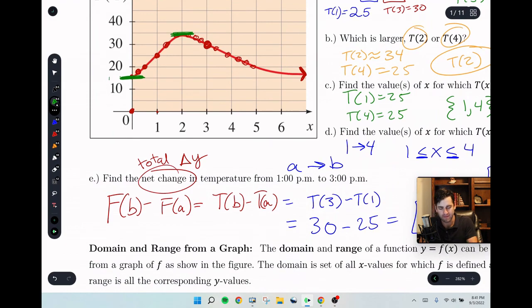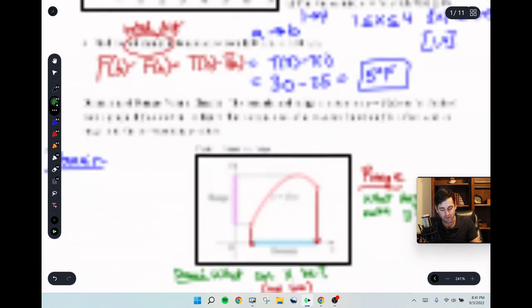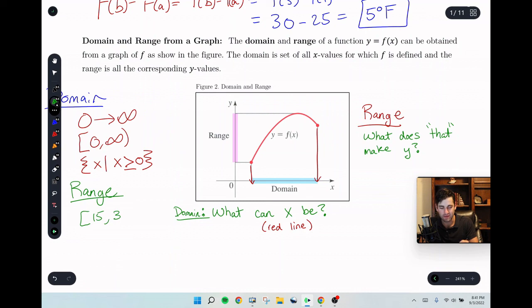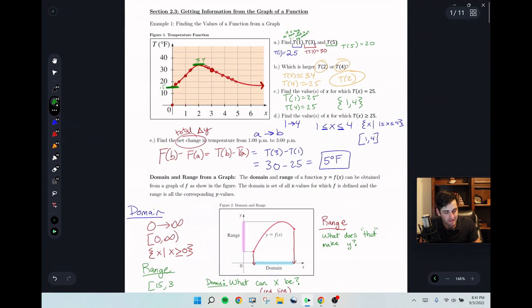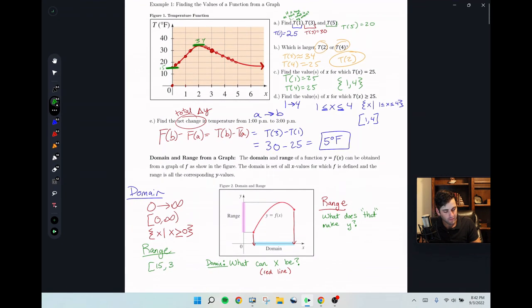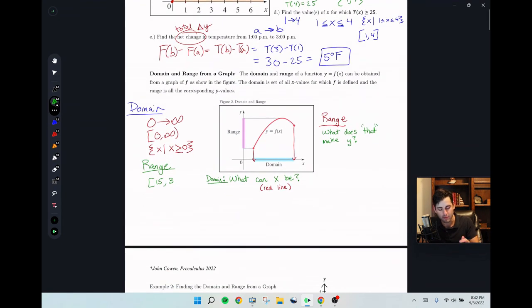So we go from 15 all the way up to 34-ish before we start to come back down. So based on that red line and based on those x's, we go from 15 degrees all the way to, what do we say? Just to be consistent, 34. What did we say in the last problem? We said 34. Cool. All the way to 34 and then back down.